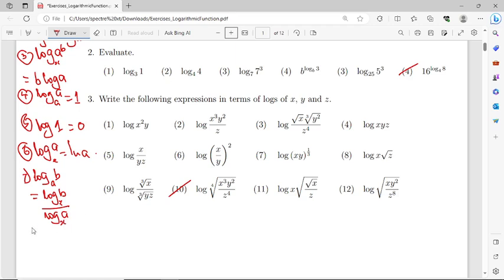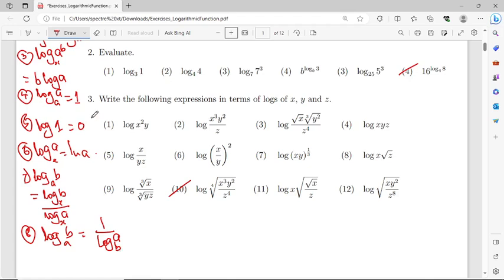Alternatively, if you want to change the base and the value, the log of b base a is equal to 1 over the log of a base b. So these are the basic laws of logarithm, and when you have them, things become easy.